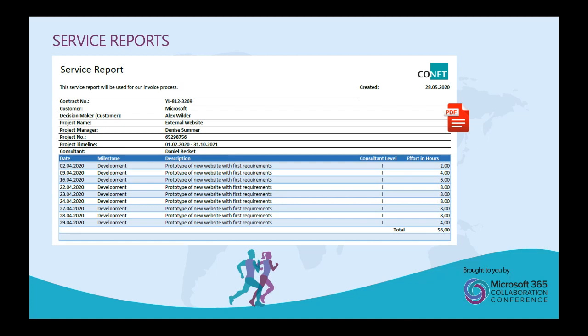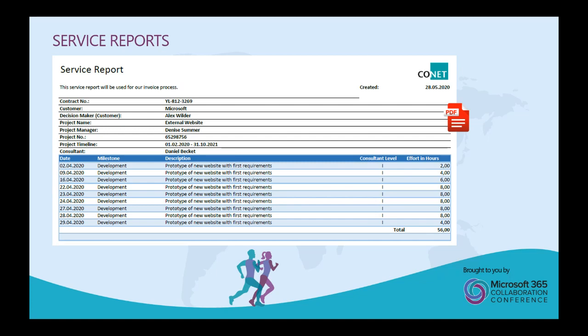If you're thinking about service reports, here in my example, that's a template made with Excel. I fill it out at the end of a month, so I have to fill out a header section where you see some information like a contract number, the customer, the decision makers, that's the person who signs my service reports on the customer side.